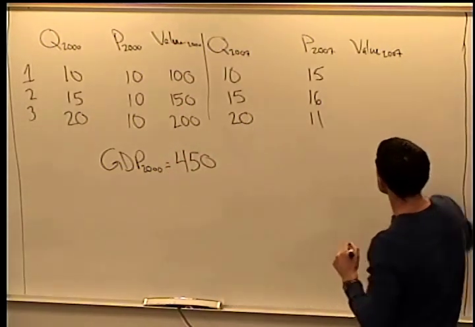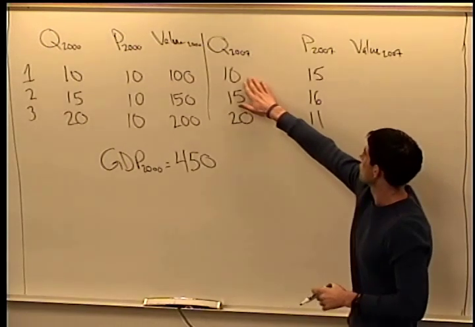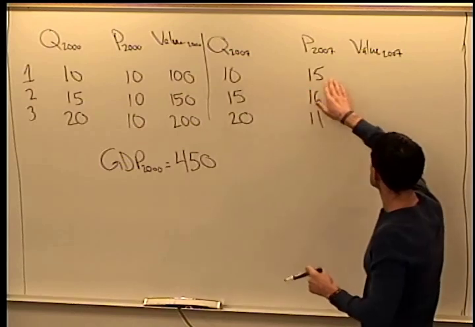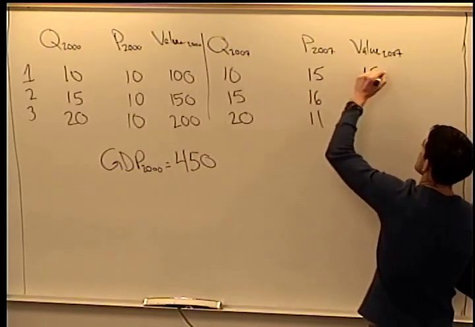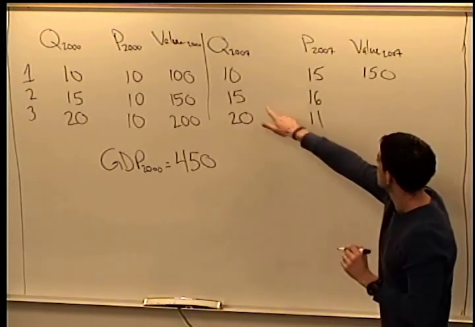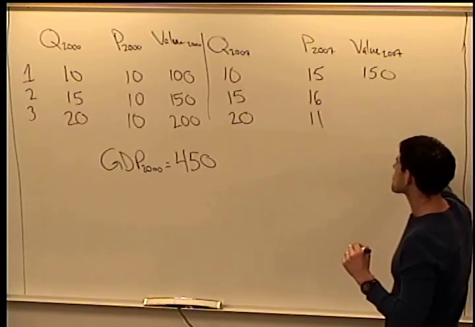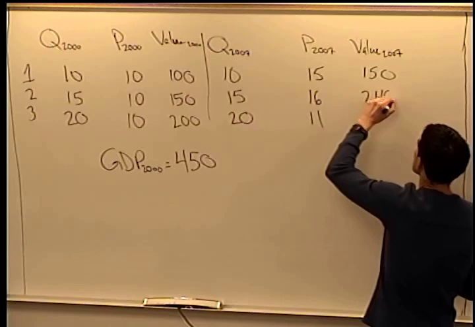Now we do the same thing for 2007. We produced 10 of good 1, valued at $15 each in 2007, so we produced $150 of value of good 1. 15 times 16 is 240 for good 2.